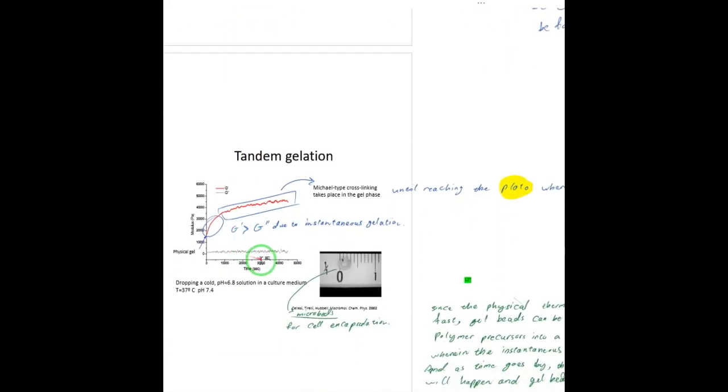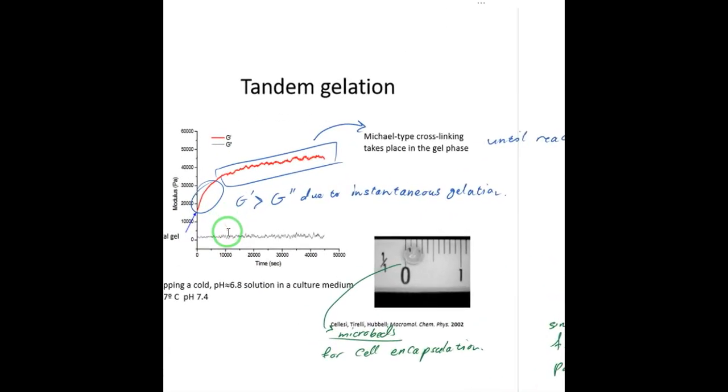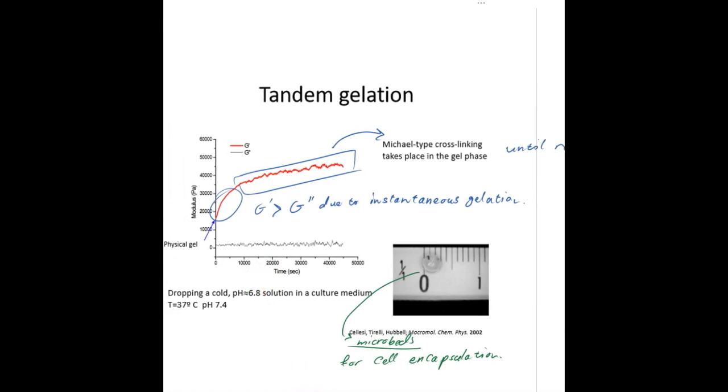And again, you see here that at the beginning we have the physical gelation. Let me zoom and you see better. We have the physical gelation, so the G prime is increased, and when we have the chemical gelation, it increases even more compared to the physical gelation.